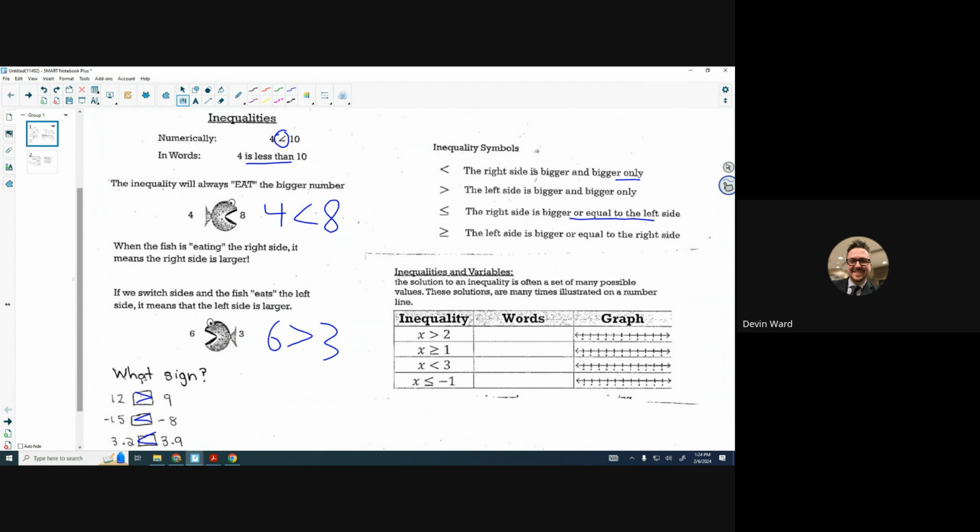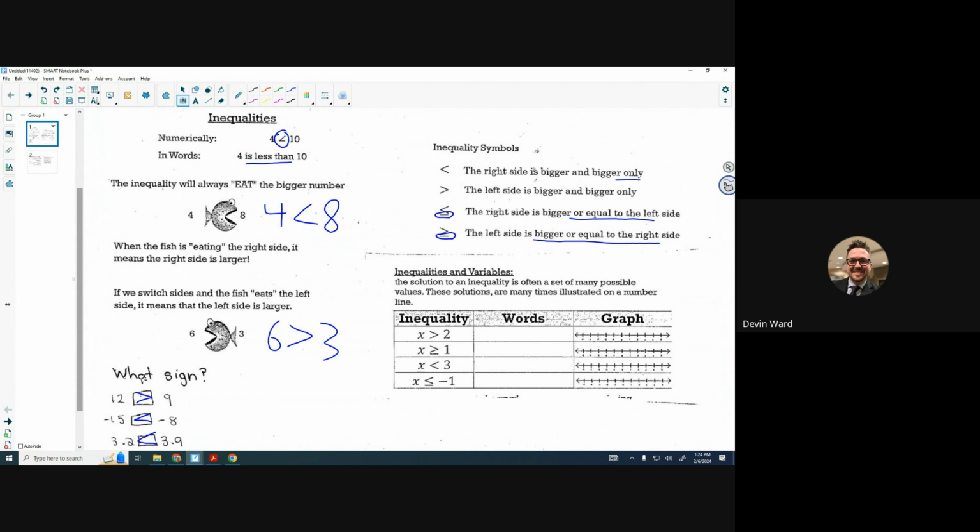This is when we start to talk about x and y and variables. When something is bigger than or equal to, it can take on more than one value. That's why we add the equal to. The left side is bigger than or equal to the right side, again because of that equal sign. It's like half of an equal sign to show that it's greater than or equal to.